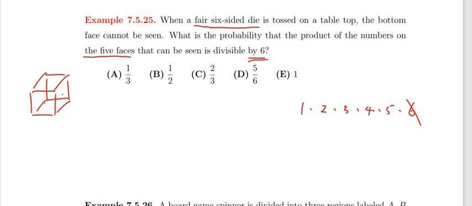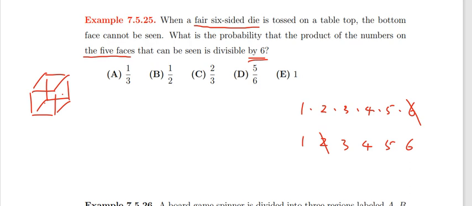If the bottom one is 2, then the product is this. So this means we have these 6 numbers, we just remove one, then consider the product of the remaining 5.